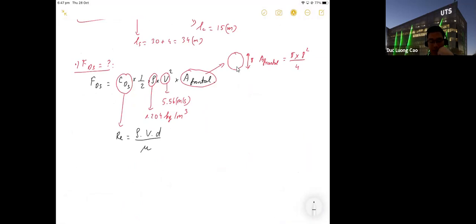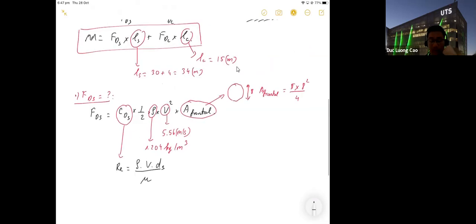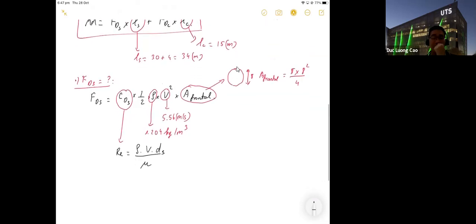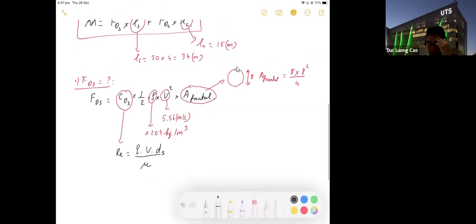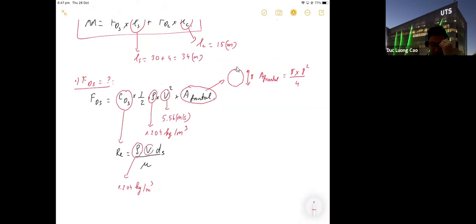With the density, got it here, 1.204 kilogram per meter cube. Velocity you got here, 5.56 meters per second. The diameter of the sphere you got here, 8 meters.